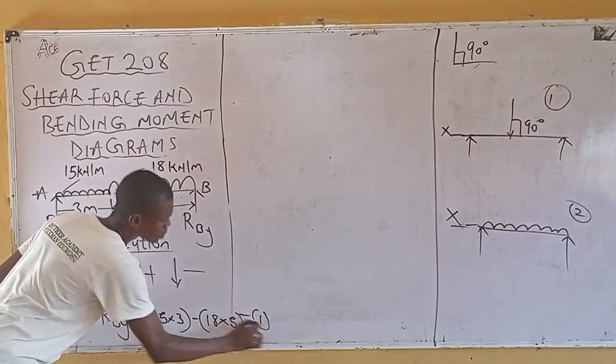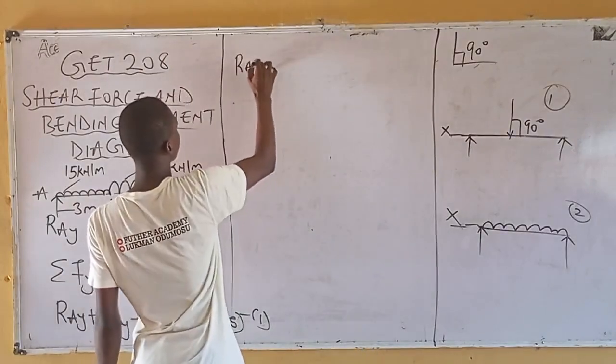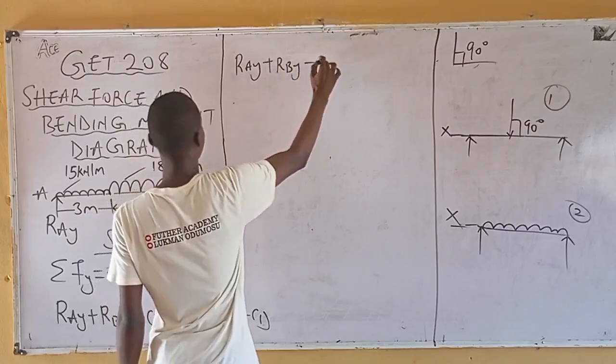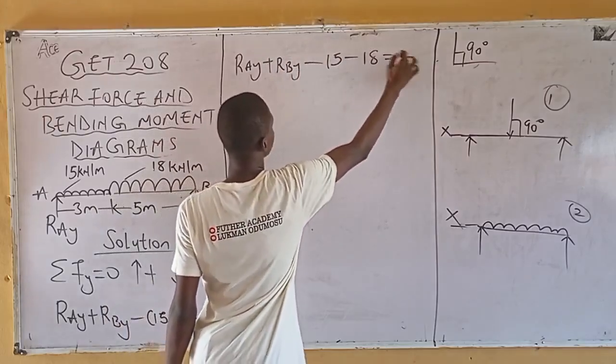Let's say this is the first one. Then the second one, I'm having RAY plus RBY minus 15 minus 18 equals to 0.